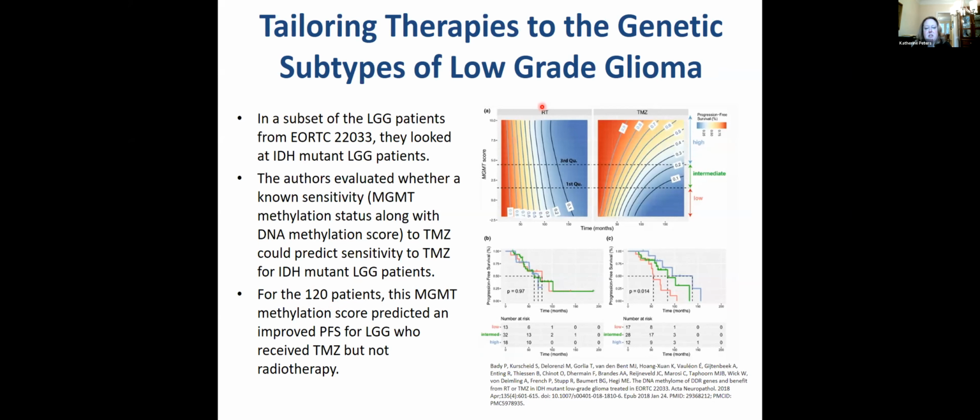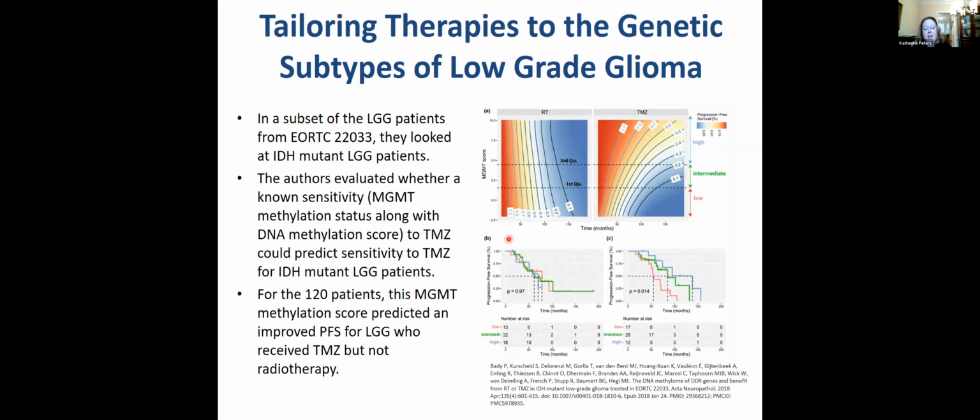They looked at patients that received radiation and some that received temozolomide, and they gave them a score on a sensitivity marker called methylguanine methyltransferase, MGMT, which is an enzyme that repairs temozolomide damage. But we also know that patients that have a methylated MGMT, essentially a turned-off promoter of this MGMT, will have a better prognosis overall and sensitivity to temozolomide.